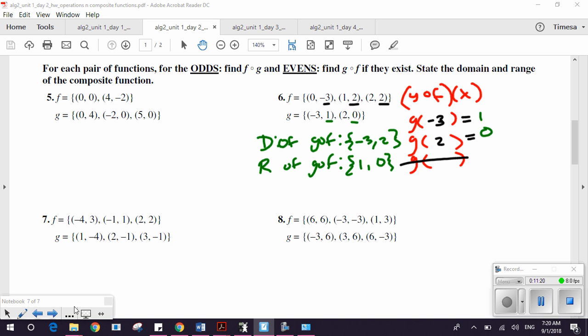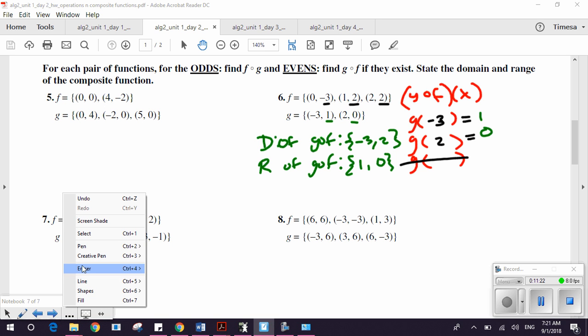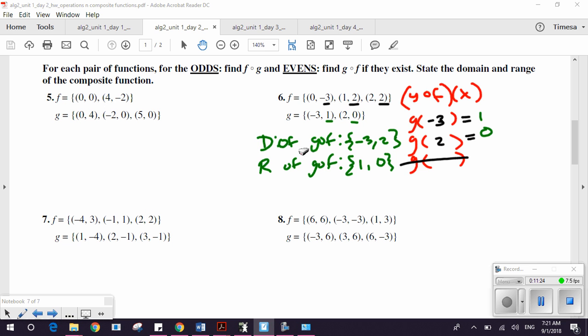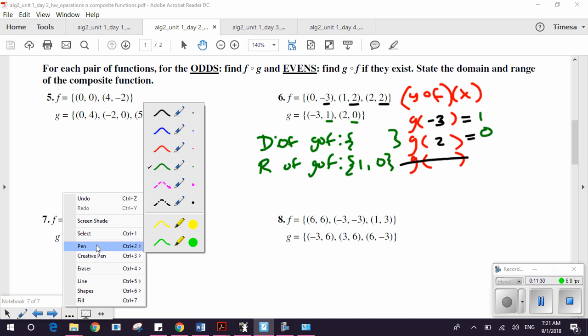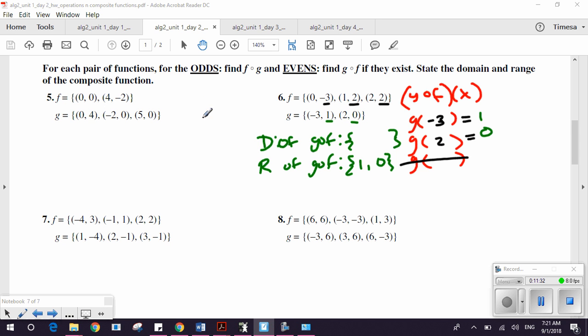I'm sorry, the domain of the composite was 0, 1, and 2. It was the x values of f.